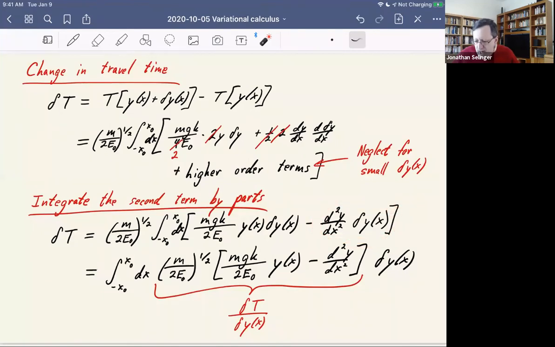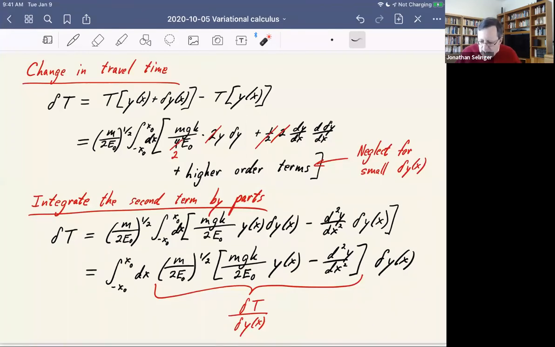That is to say, through the integration by parts, we move the derivative from the delta y of x to the y of x instead. And we get an overall negative sign. Okay, so now we got the travel time into just the form that we wanted.